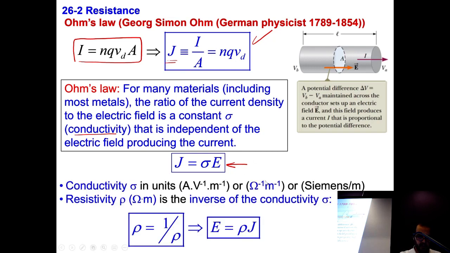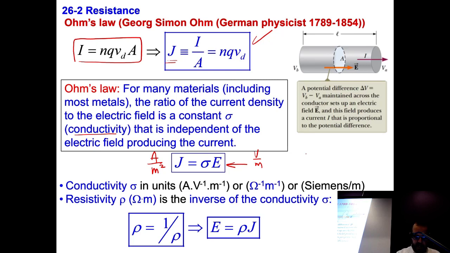The units you can verify are amps per volts per meter, because the electric field is volts per meter and the current density is amps per meter squared. So when you divide, you will have amps per volts per meter, the conductivity.